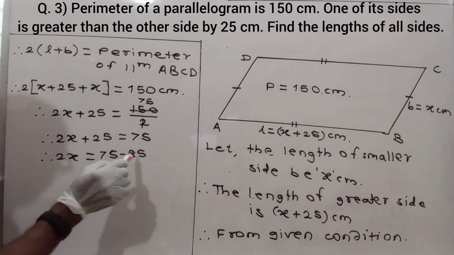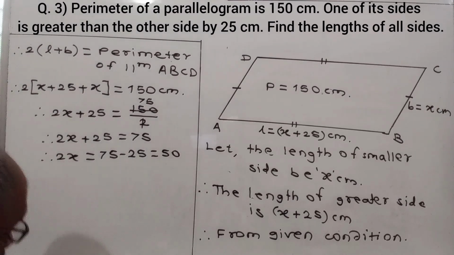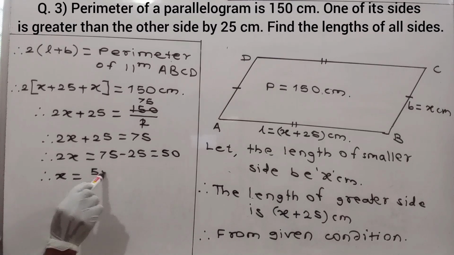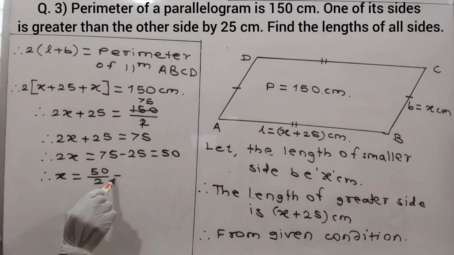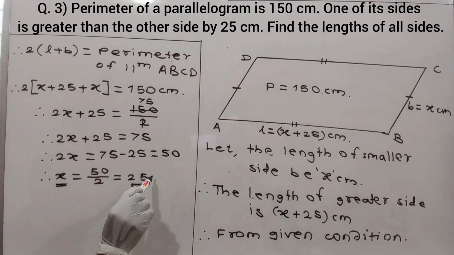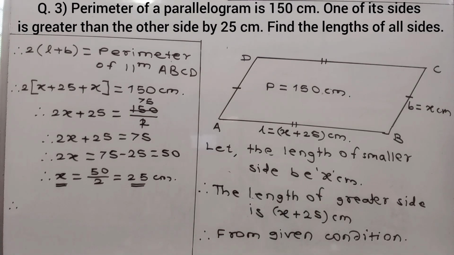75 minus 25 means 50. Now this 2 is multiplied. So we take this to the right side. Becomes divisor. 50 upon 2 is equal to 25. Means value of x is 25. Okay, centimeter we write. Now therefore the length of smaller side x, that is our B, no?